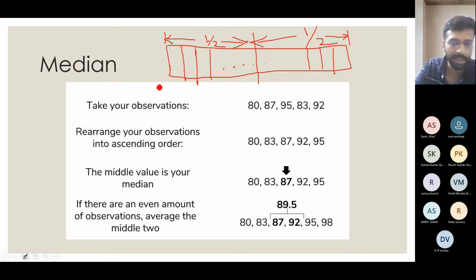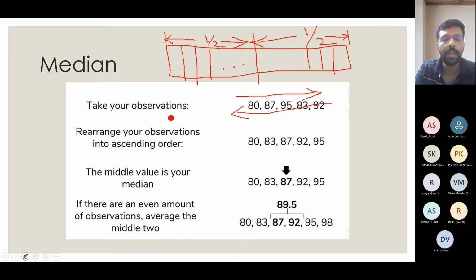Now, one thing you need to take care of here is that when I say two halves, it means I am considering the data to be sorted either in ascending order or in descending order. So that is one precondition before I try to segment my data into two halves.